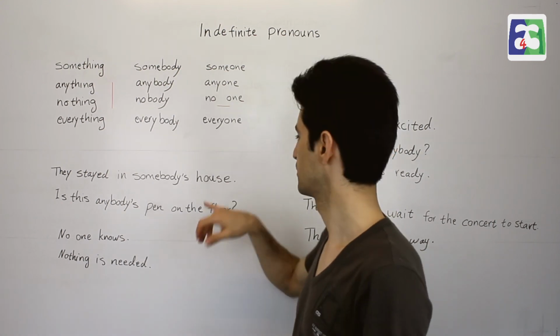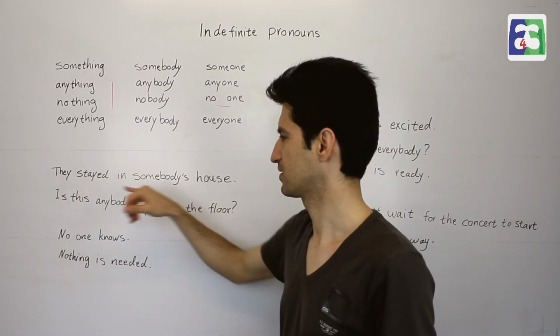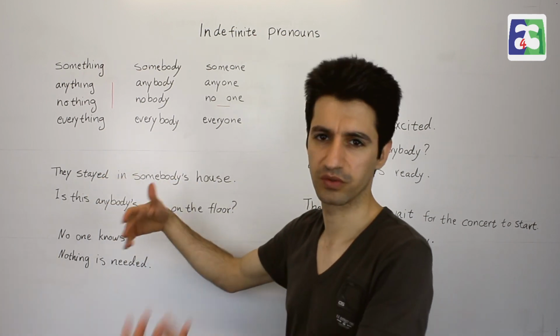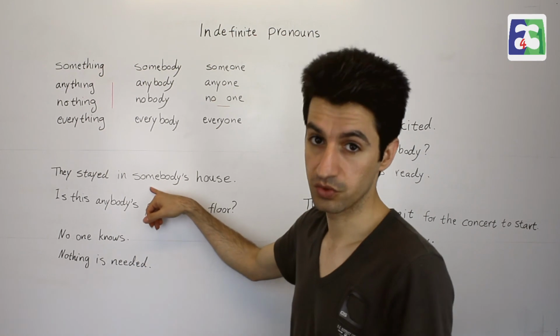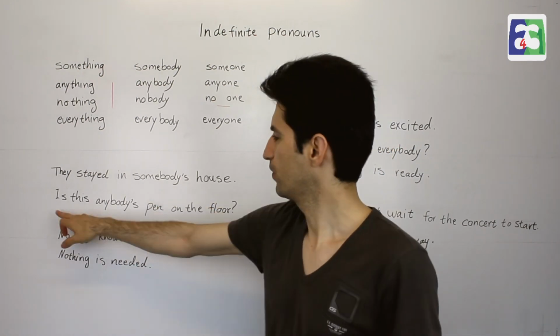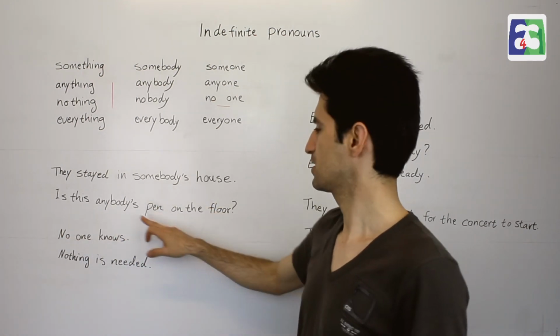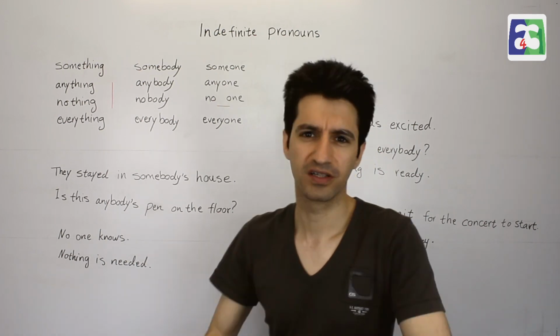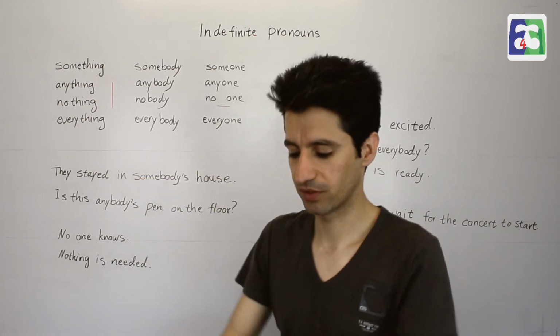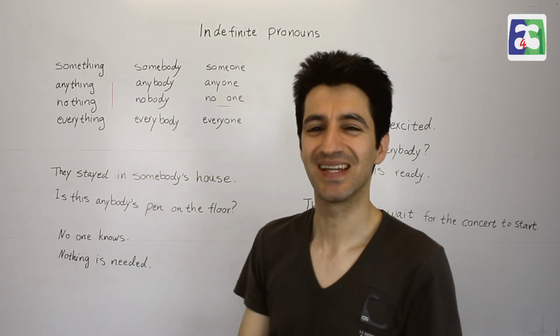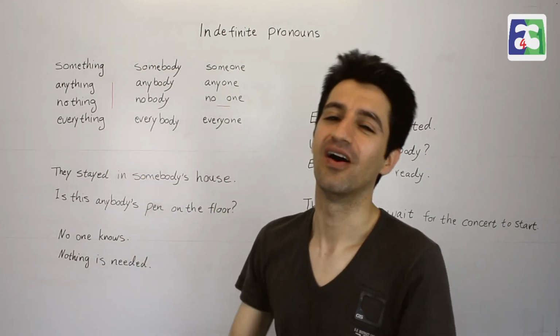In the sentence, the house and the place they stayed are more important than the person, so we do not mention those people's names. Over here, is this anybody's pen on the floor? I find a pen on the floor, and rather than picking it up, I say, is this anyone's pen on the floor?